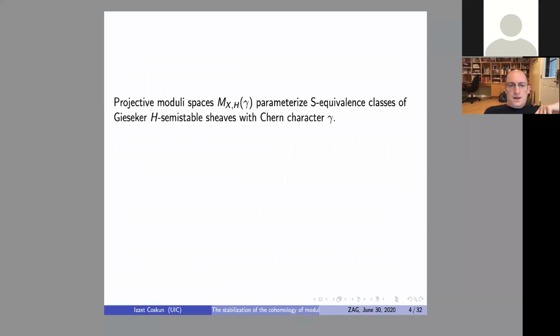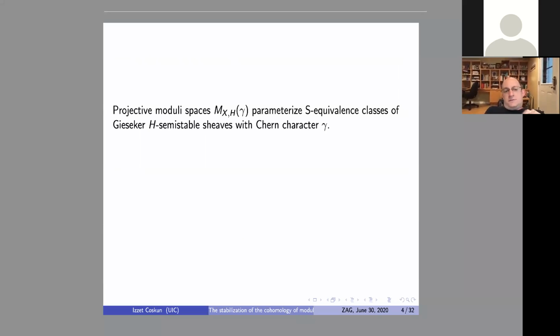Okay. So now, the nice thing about these is that you have projective moduli spaces parameterizing S equivalence classes of Gieseker H semi-stable sheaves with the fixed Chern character. These were constructed by Gieseker and Maruyama. And here I'm talking about surfaces, but these also exist for higher dimensional varieties as well, but I'll only be talking about the case when X is a surface.